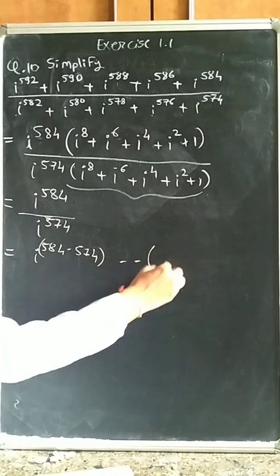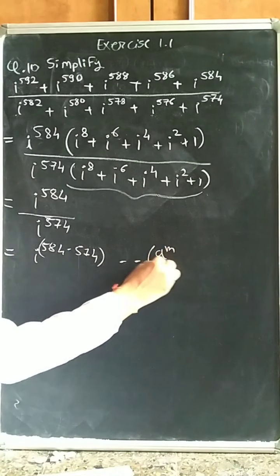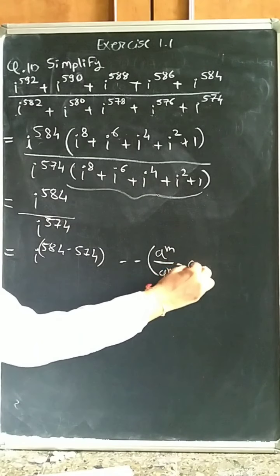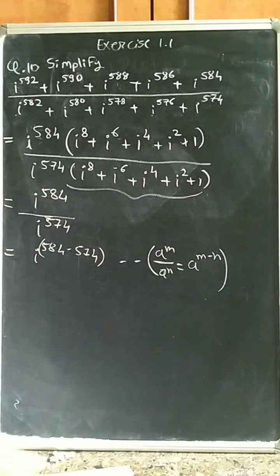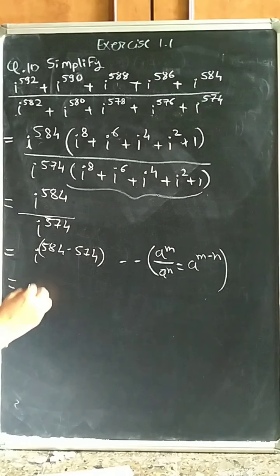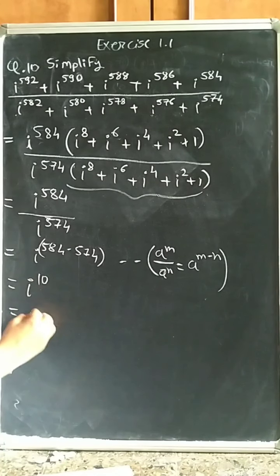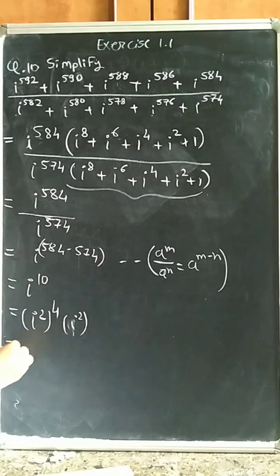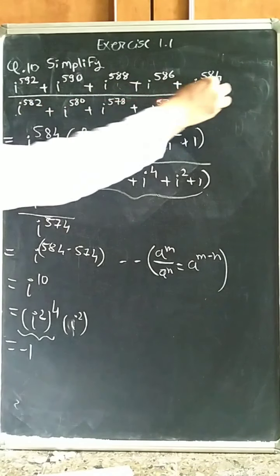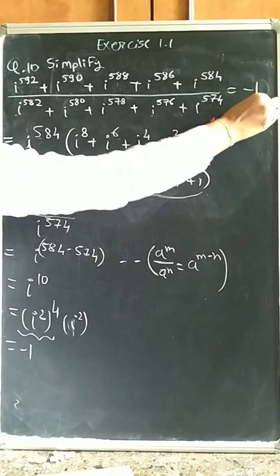We know that a raised to m upon a raised to n equals a raised to m minus n, so we use the formula of indices. So this is i raised to 10. Now we will write this as i square raised to 4 into i square, which equals minus 1, because this term is 1 and i square is minus 1. So it equals minus 1.